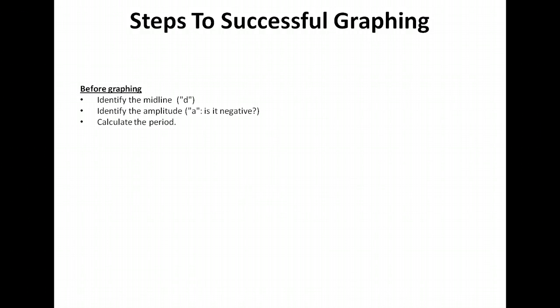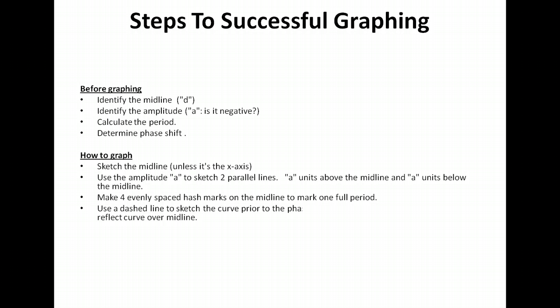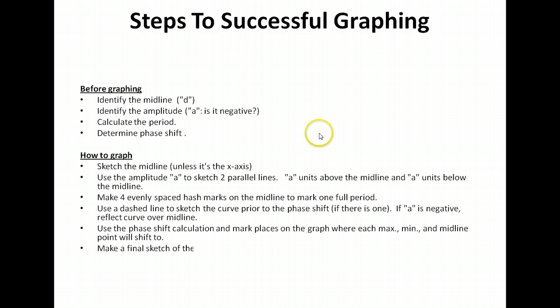Okay, let's get started. The first thing I want to remind you of is some of the things we talked about in class. The steps to successful graphing are going to involve two different kinds of activities. We need to gather some information. Let me use my cursor here and highlight that.